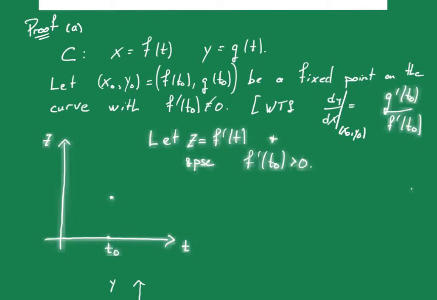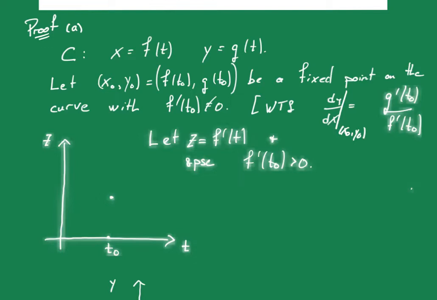So we've fixed a point on our curve, and we're going to assume that f prime of t naught is not 0. So what do we want to do? We want to show that the slope of the tangent line to our curve C at the point x naught, y naught, which we know is going to be dy dx evaluated at x naught, y naught, equals what the proposition said it equals.